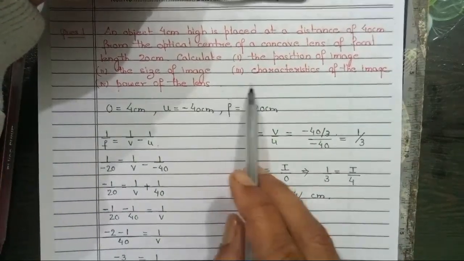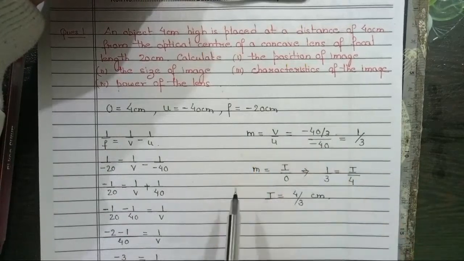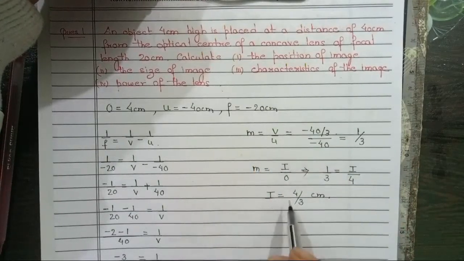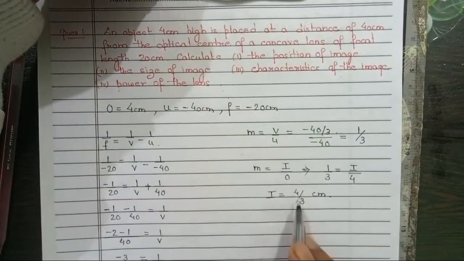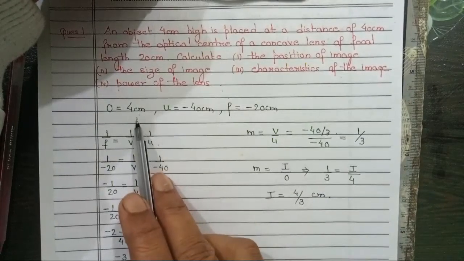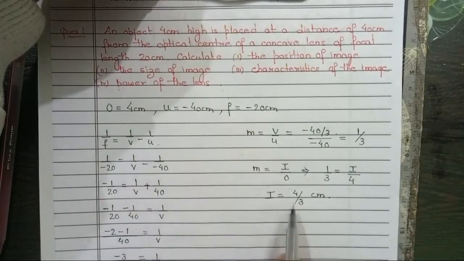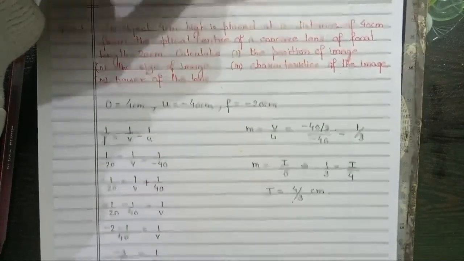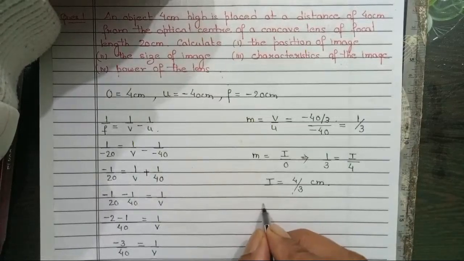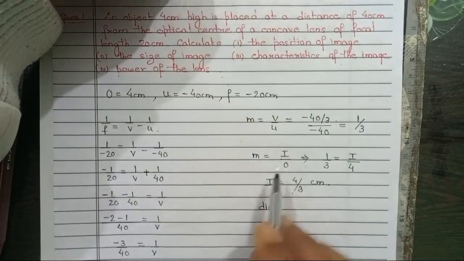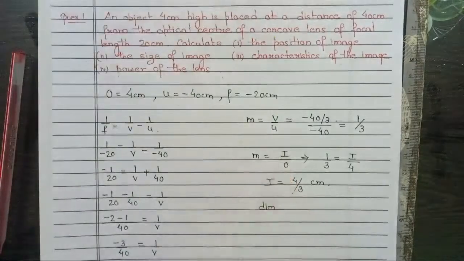Now the third part says you have to write down the characteristic of the image. Now you see that the image is smaller in size than the object. Object is 4 centimeter, image is 4 by 3 centimeter. So image is smaller. So you can say image is diminished, or you can read the magnification.